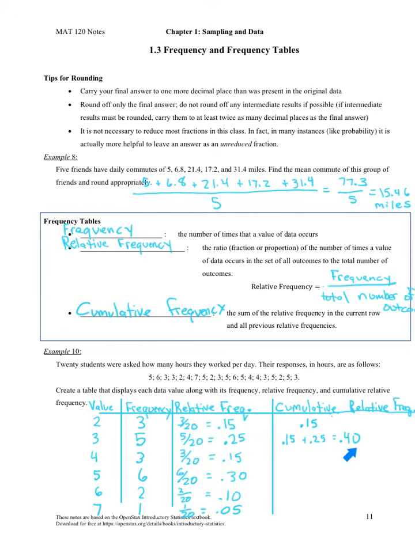We continue with this process. For the third data value, which is number 4, we will add up all relative frequency values, including the number 4's relative frequency value. For row 5, we'll add up the relative frequency for 2, 3, 4, and 5, and we'll continue with this method.